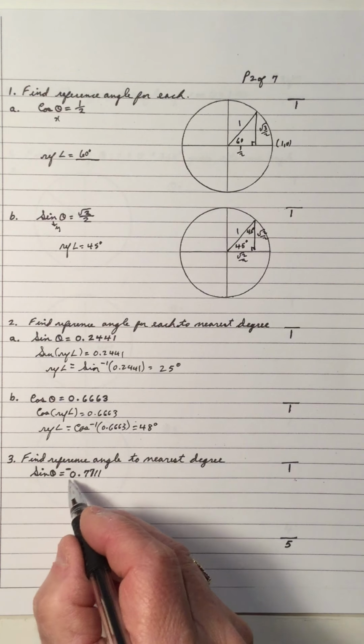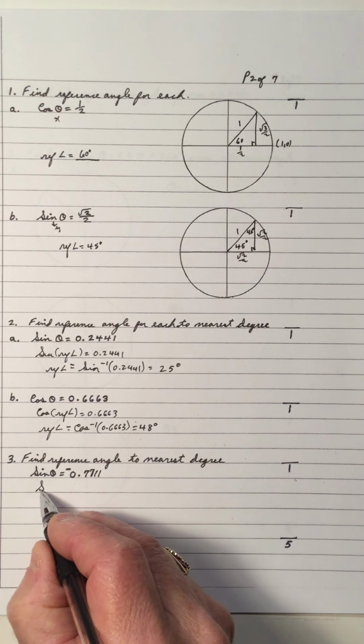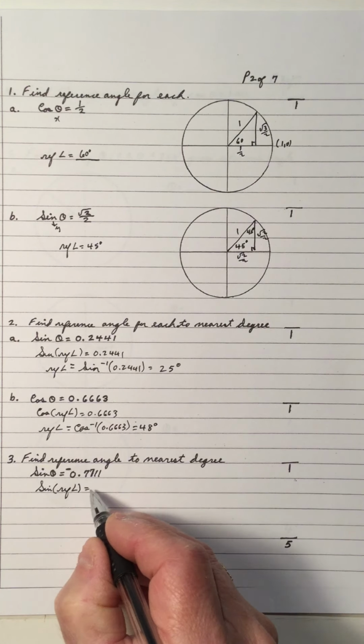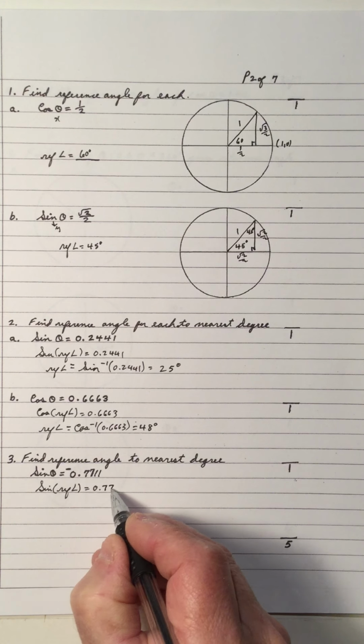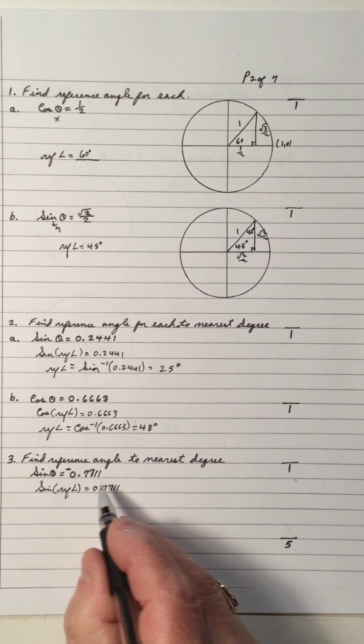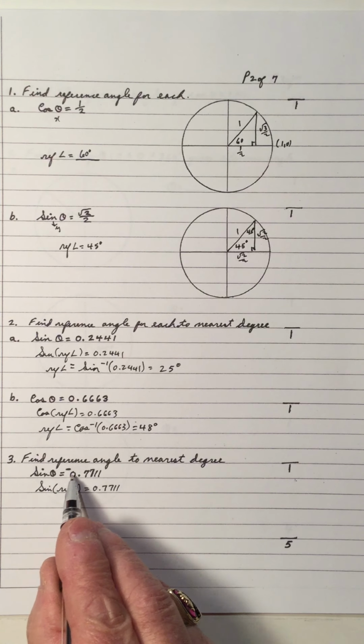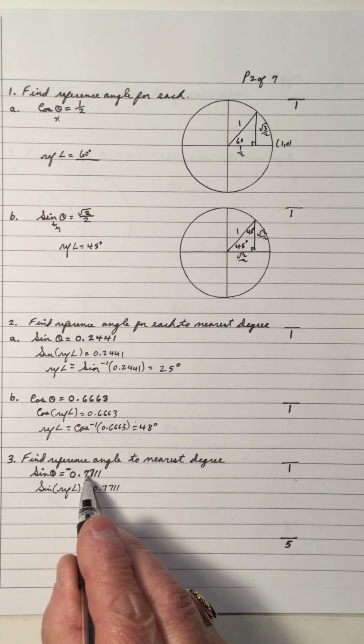And the sine, notice, is negative here. The sine of the reference angle is 0.7711. So now that it's negative, make it positive and you're going to pick up your reference angle. If you did inverse sine of the negative, there's not enough math done yet to explain why that works.